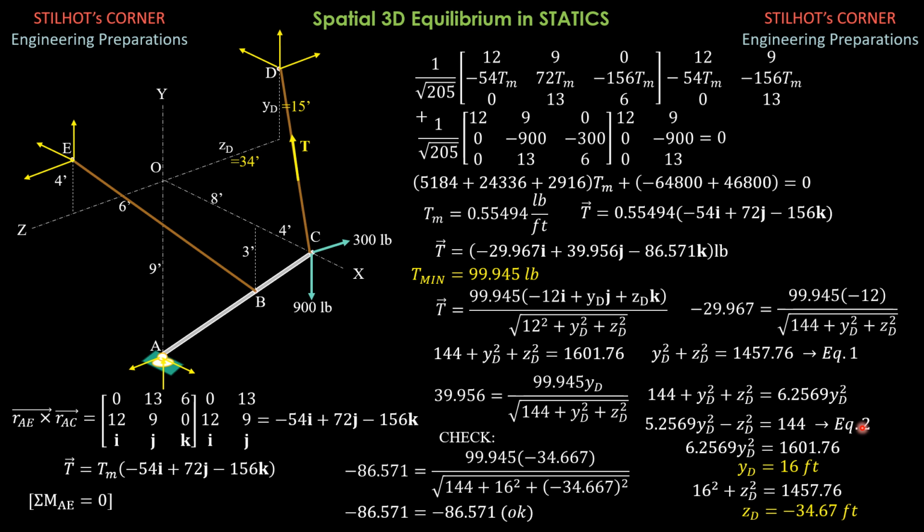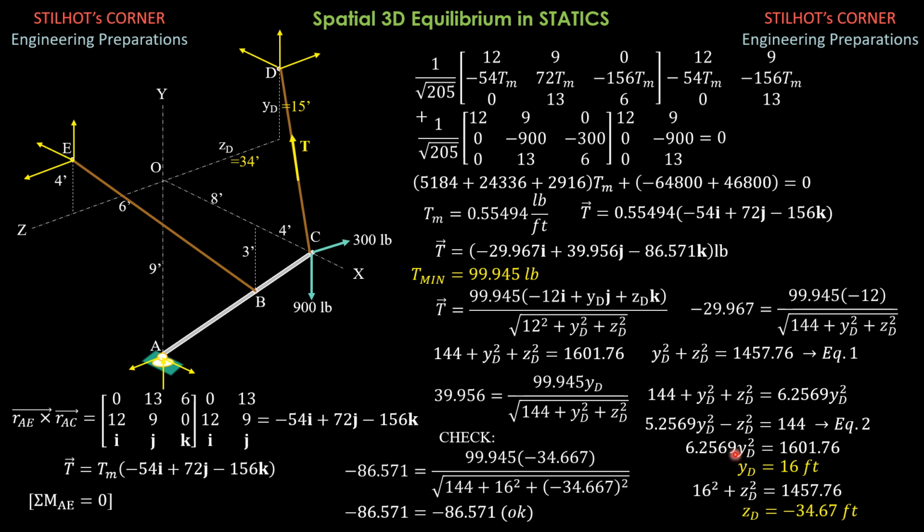So we can now compute YD if we add equation 1 and equation 2 to eliminate ZD squared. So YD squared plus 5.2569 YD squared is 6.2569 YD squared, then 1457.76 plus 144 is 1601.76. YD is the square root of 1601.76 over 6.2569.